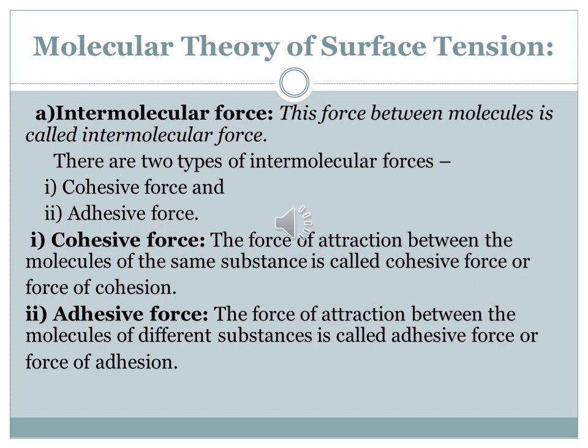One is cohesive force and the second one is adhesive force. First we are going to see cohesive force. So what is cohesive force? It is the force of attraction between the molecules of the same substance. I am repeating, the force of attraction between the molecules of the same substance is called cohesive force. That means force of attraction between liquid and liquid, between air and air, that is nothing but cohesive force.